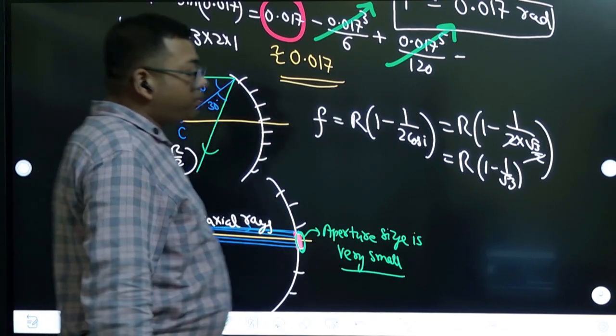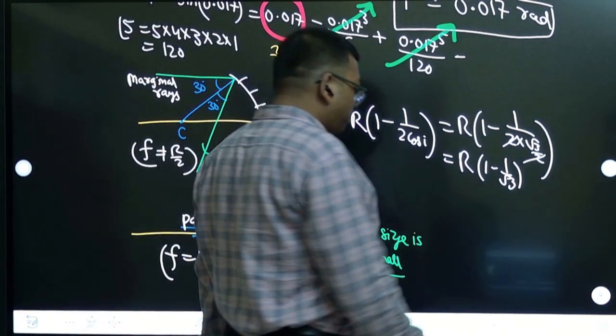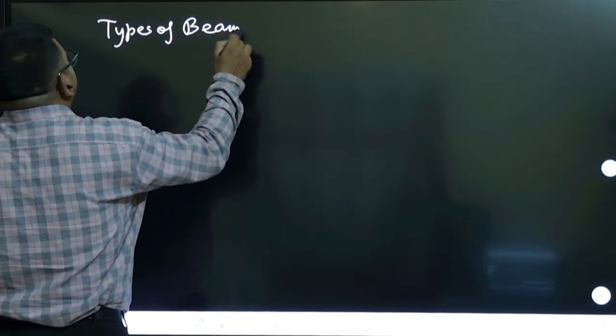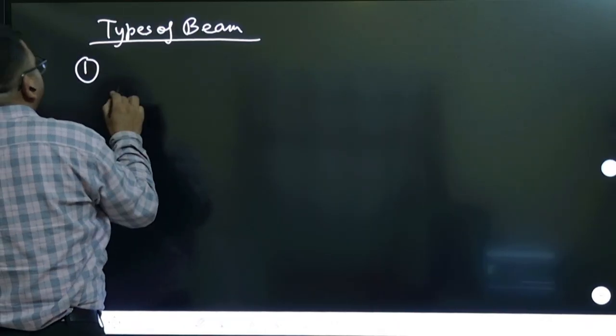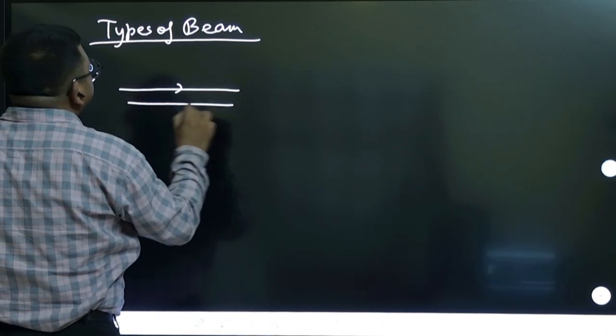Other types of beams, you should know what the different types of beams are. Let us discuss the types of beams quickly and then go to the law of reflection. Beams are made up of rays.